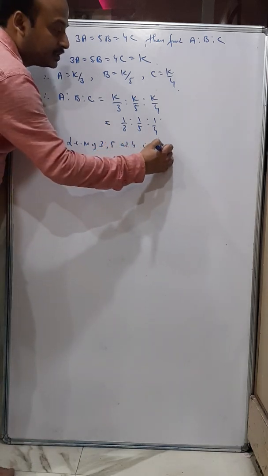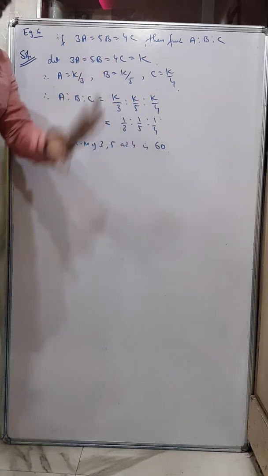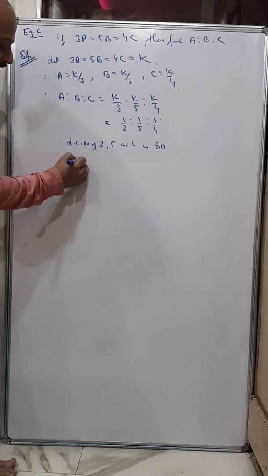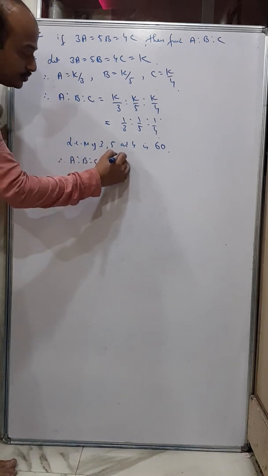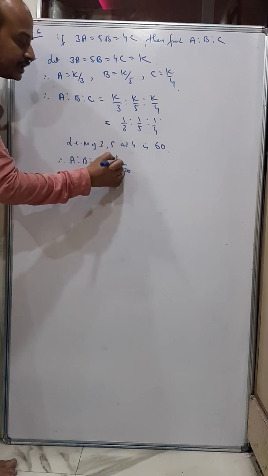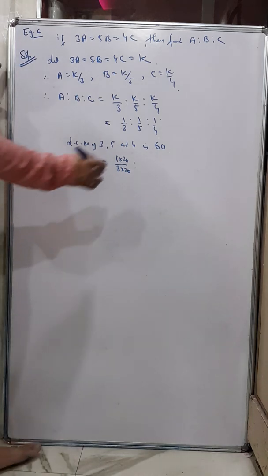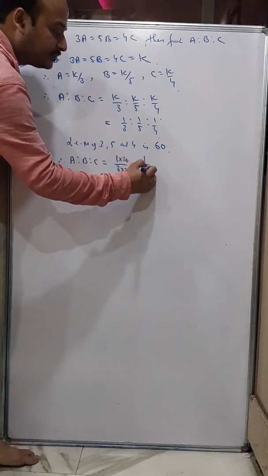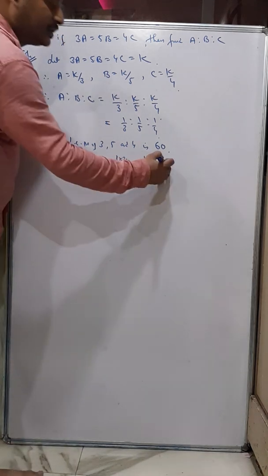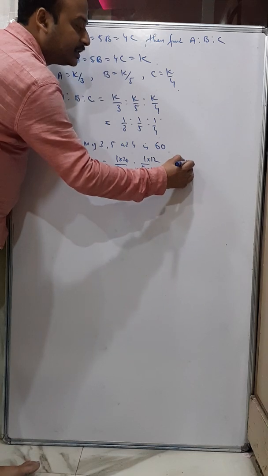In fact it's 60. I'll try to make 60 in all these denominators, and therefore I can say that a is to b is to c equals 1 by 3 into 20, and naturally I have to multiply the numerator also with 20, then 1 by 5 into 12, so I'll multiply this also with 12, and then 1 by 4 into 15, and then into 15.